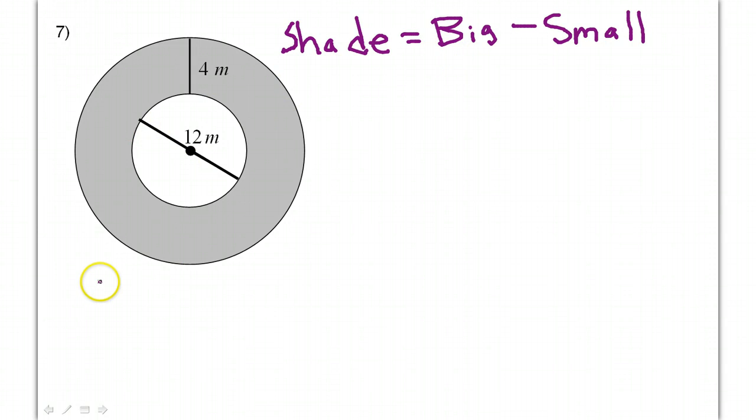So, off to the side, let's find the area of the big circle. Now, Siobhan, in order to find the area of the big circle, I'm going to need the radius of the big circle. Can you tell me the radius of the big circle?